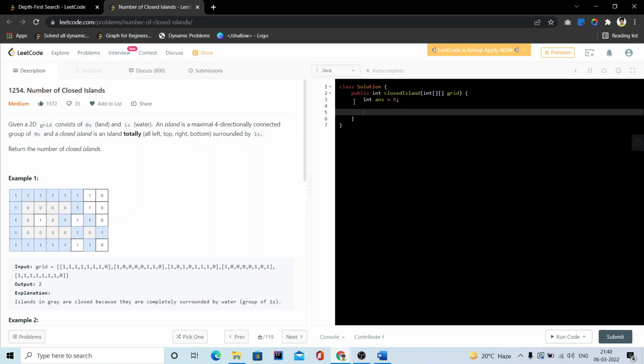We would keep an answer variable. It would just increment if we find a closed island, and in the end we would return this answer variable.